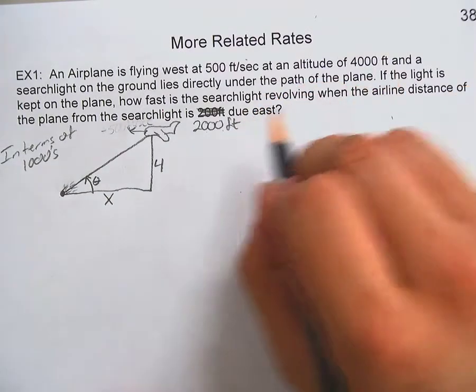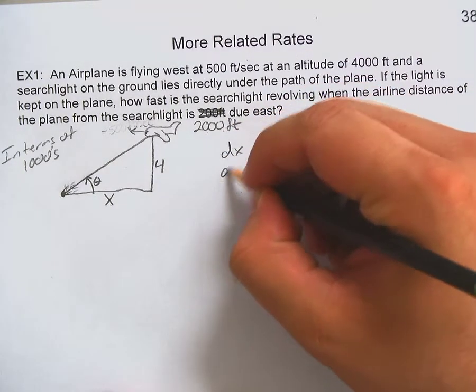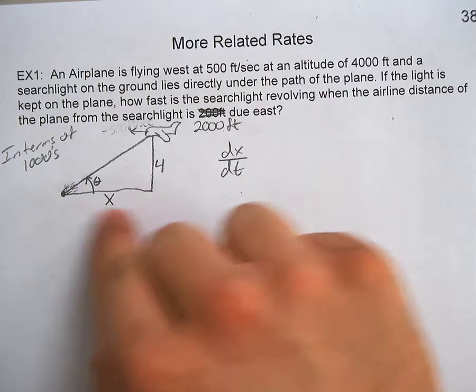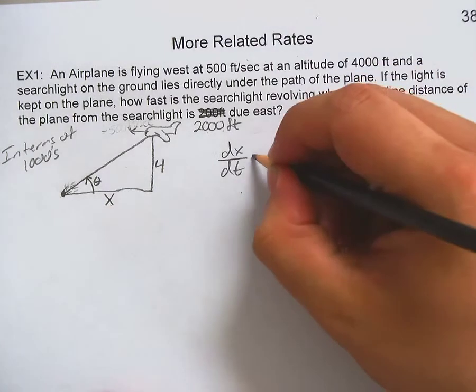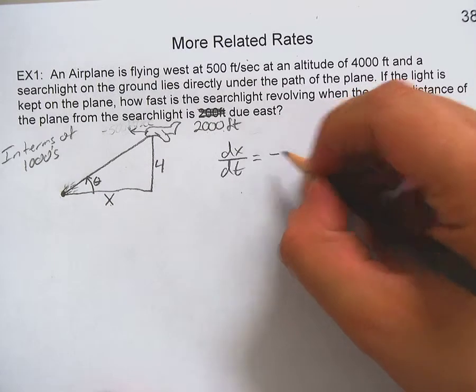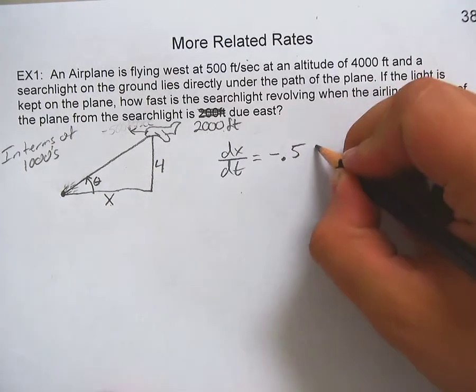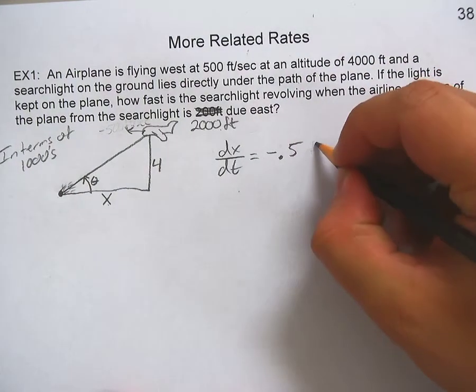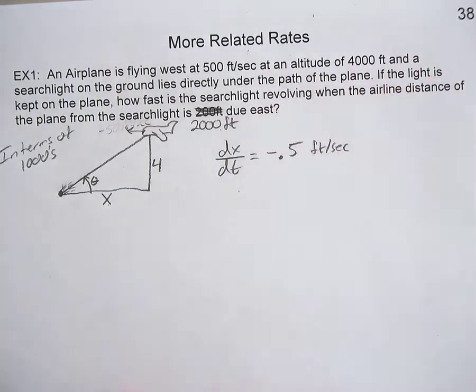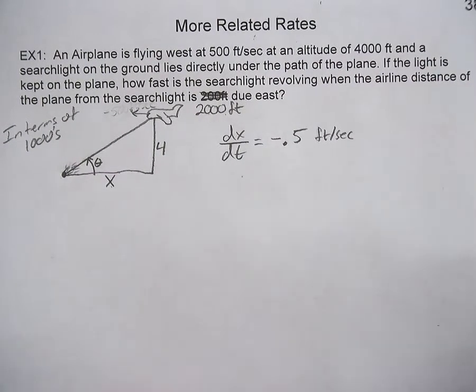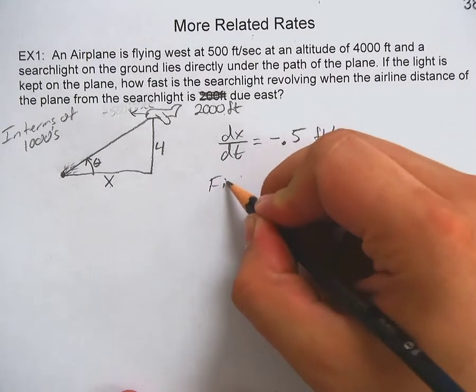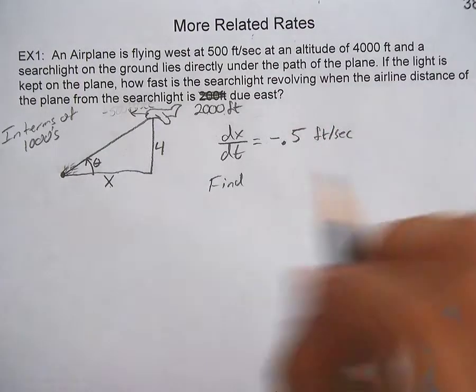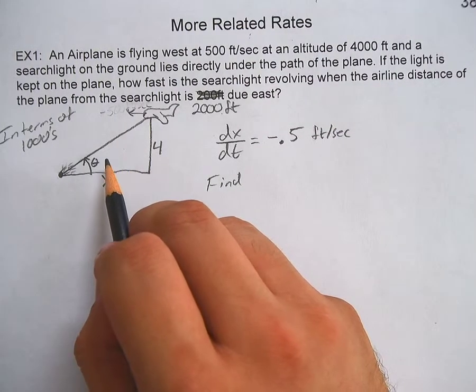I'm going to label the stuff they gave me. They told me that the plane is flying dx/dt, the rate of change that it's flying horizontally. Now, since I'm doing this in terms of thousands, let's call that a negative 0.5 feet per second. Why not? All right, and think about what they want you to find. They want to know how fast it is revolving.